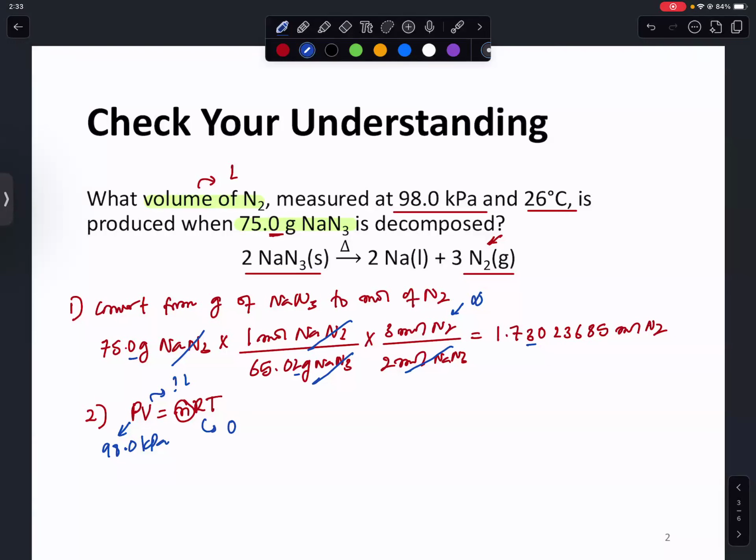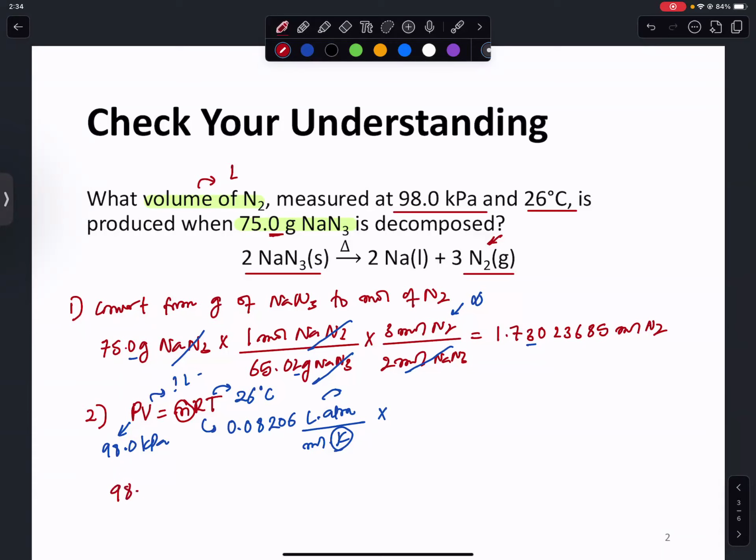I must be able to match all the units in the problem to the universal gas constant, which is 0.08206 liter atmosphere over mole Kelvin. By the way, this is given to you on the formula sheet, times the temperature. Temperature is 26 degrees Celsius, but note the constant is in Kelvin, so we must convert it to Kelvin. So let's lay out our information.